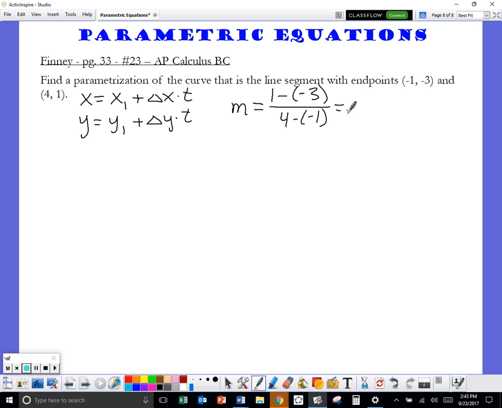And our slope is 4 over 5. And so we will use delta x is 5, delta y is 4. Let's make sure we say that this is delta y over delta x. Now again, we could use anything here for delta y and delta x that matches with the slope, so we could have used 8 over 10. Delta y could have been 8, while delta x is 10. Let's go for the simplest here.